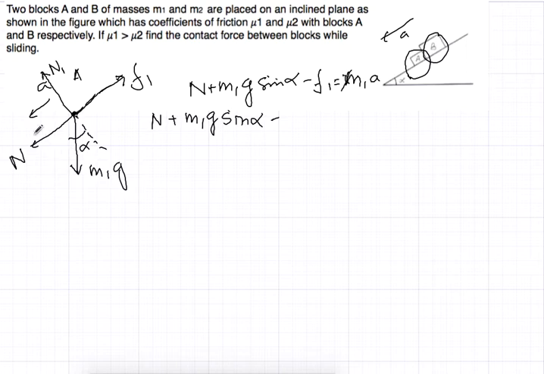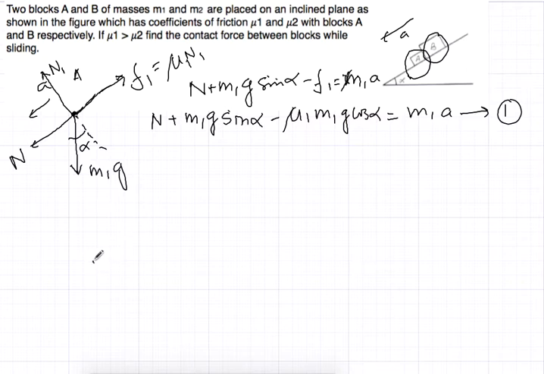What is F1? F1 is equal to mu1 N1, and N1 is m1 g cos alpha. This is a very standard result. So N plus m1 g sin alpha minus mu1 m1 g cos alpha equals m1 a. This is our first equation.